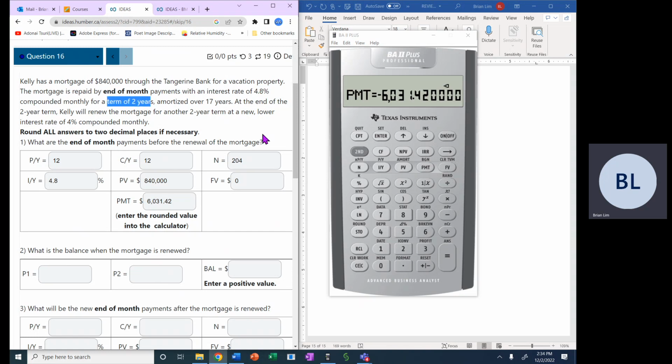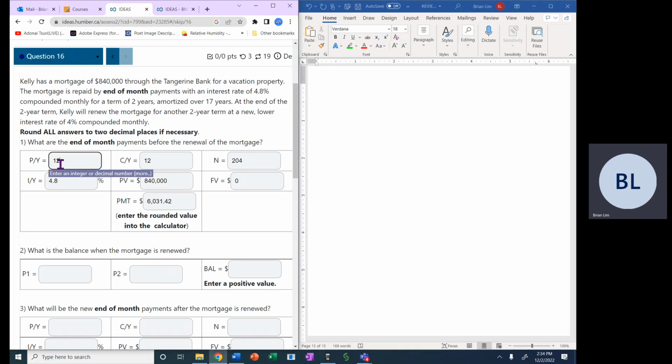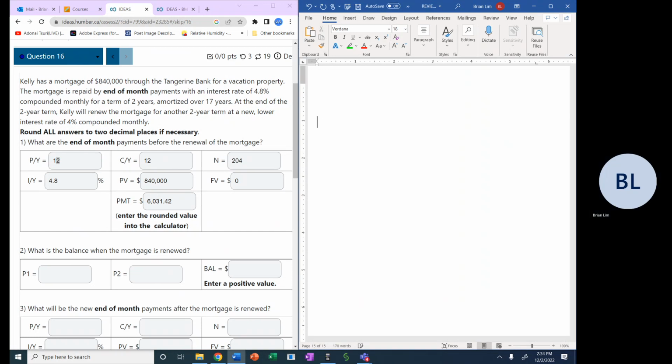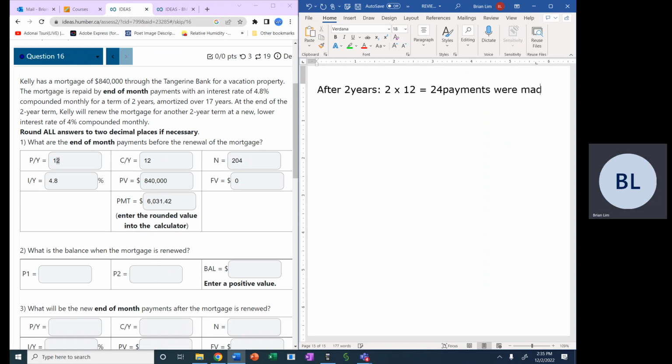Okay, so after 2 years, how many payments were made? Well, they were 2 times 12. So after 2 years, 2 times 12 equals 24 payments were made.